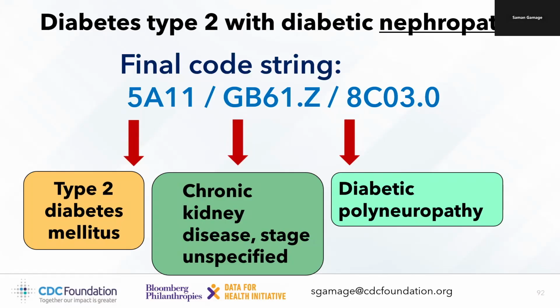The final code string explains type 2 diabetes mellitus complicated by nephropathy and neuropathy.